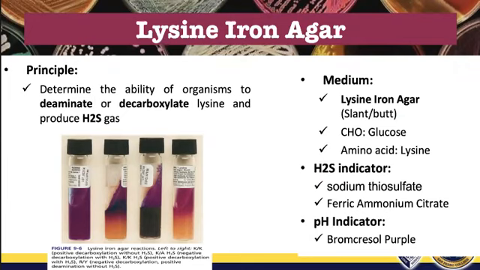Okay? So the indicators are the hydrogen sulfide indicators, and of course the pH indicator Bromcresol purple. So again, if the organism is able to ferment the glucose present in the culture media, it would cause the culture media to become acidic, hence triggering the change from purple to yellow.